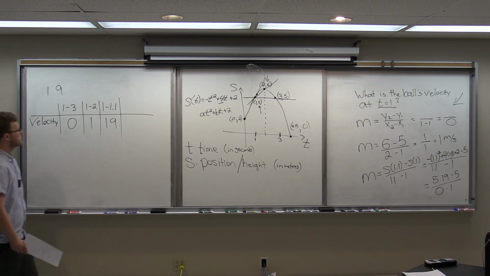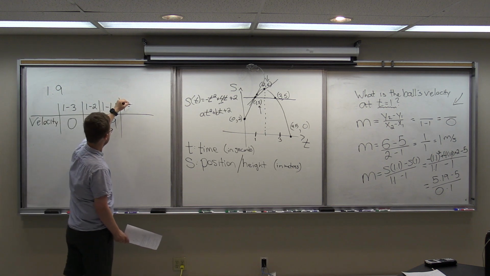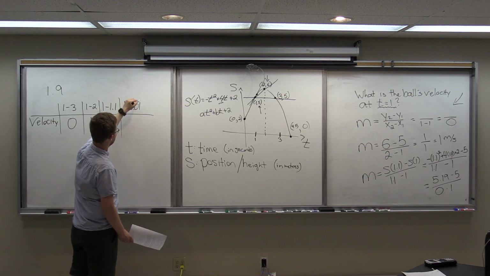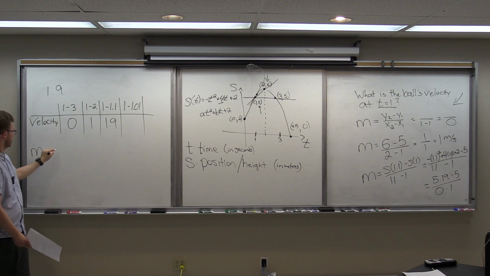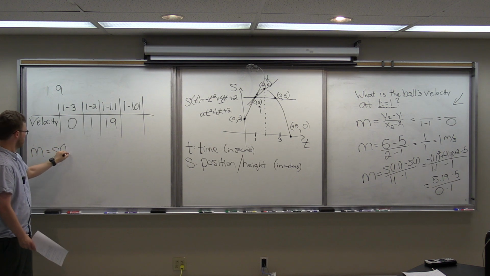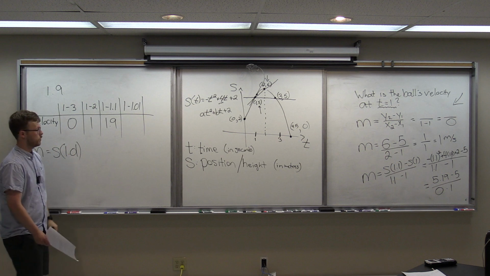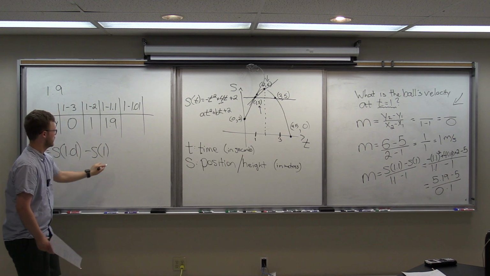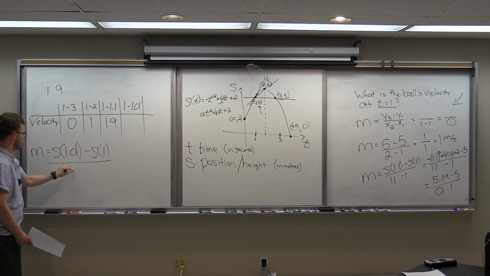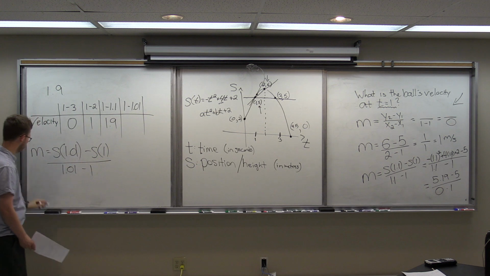So let's see what happens as I go from 1 to 1.01. Well, exactly the same as you did before, you're just going to plug in 1.01 instead of 1.1. So my slope is s of 1.01 minus s of 1, divided by 1.01 minus 1.